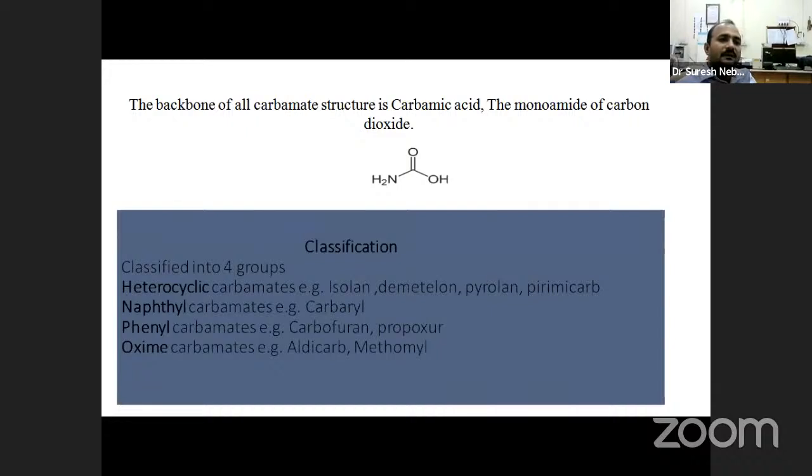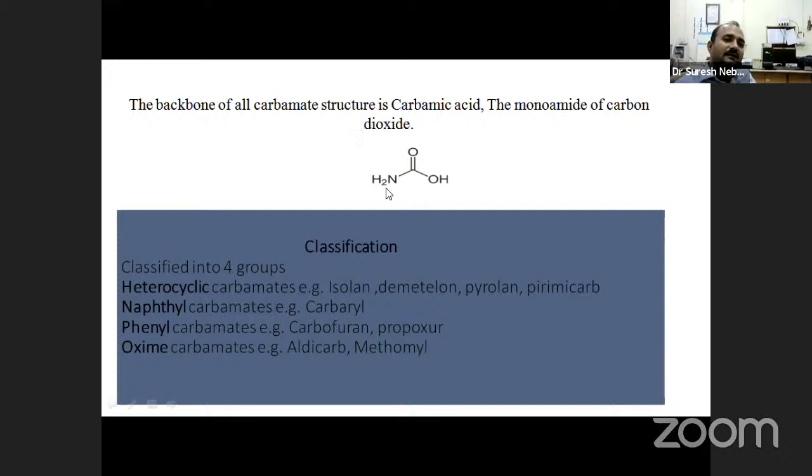So in case of carbamate insecticides, carbamic acid is a monoamide of carbon dioxide. This is the backbone. It is the most important molecule, which is actually unstable, so by adding different groups, we make it stable. It is the basic structure, or you can say backbone, of all carbamate insecticides.